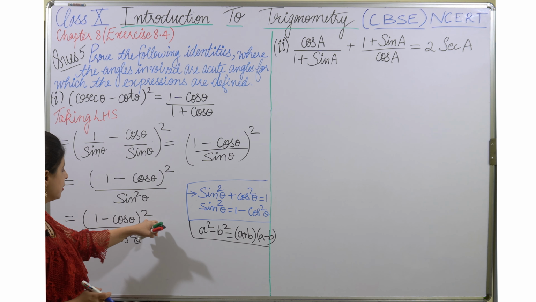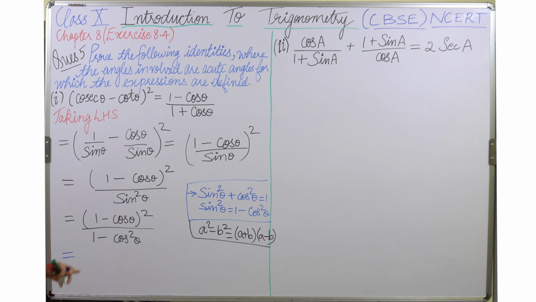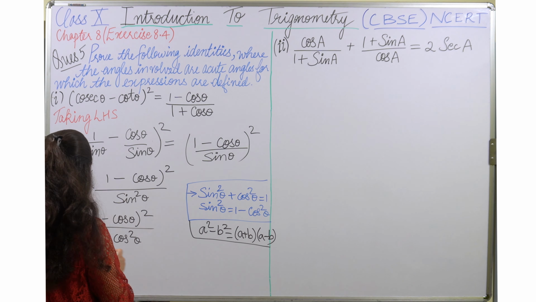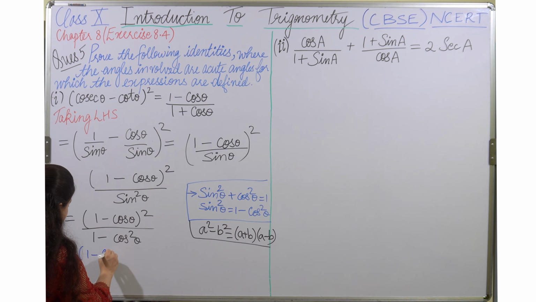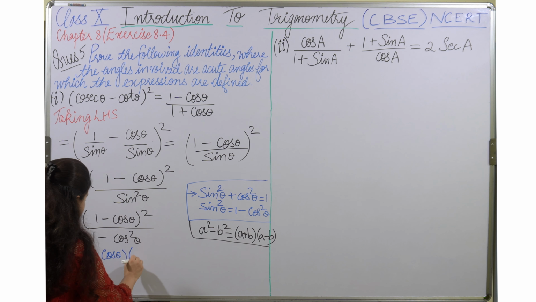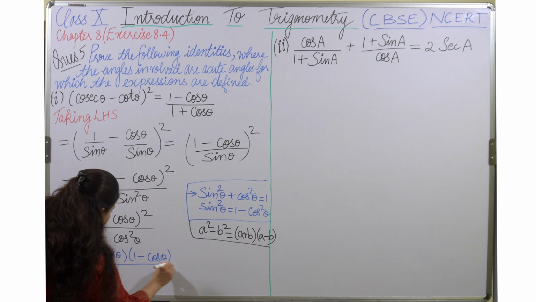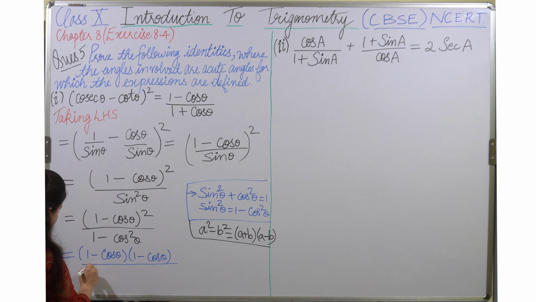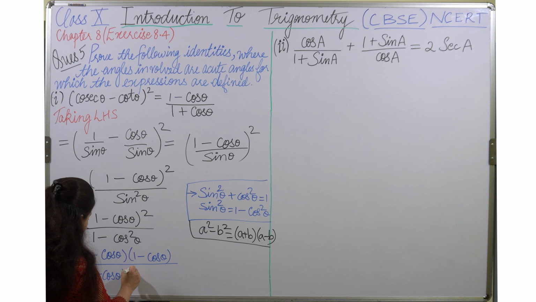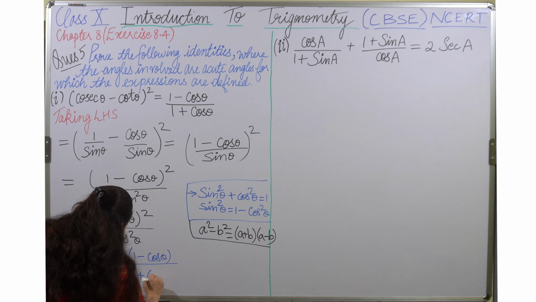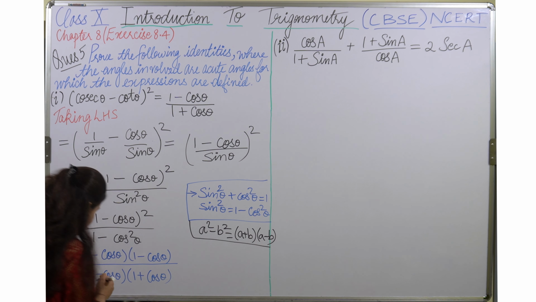In the numerator, since it is a square, I can write it as (1 minus cos theta) into (1 minus cos theta). So it will be (1 minus cos theta) into (1 minus cos theta) upon, and in the denominator, (1 minus cos theta) into (1 plus cos theta).